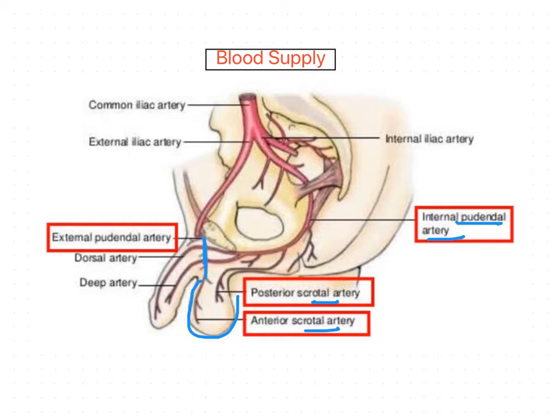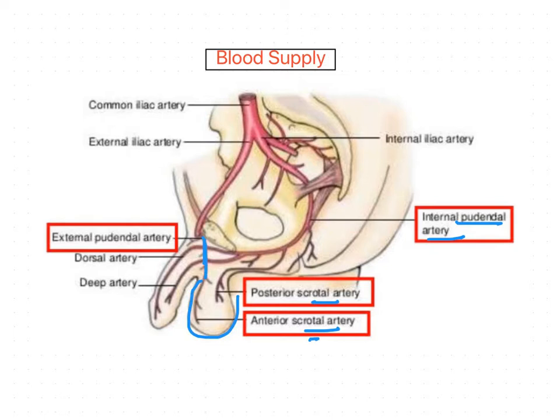Next are the branches of the internal pudendal artery, that is the posterior scrotal artery and anterior scrotal artery. Finally the cremasteric branch of the inferior epigastric artery supplies the cremasteric muscle, which is also a layer of the scrotum.